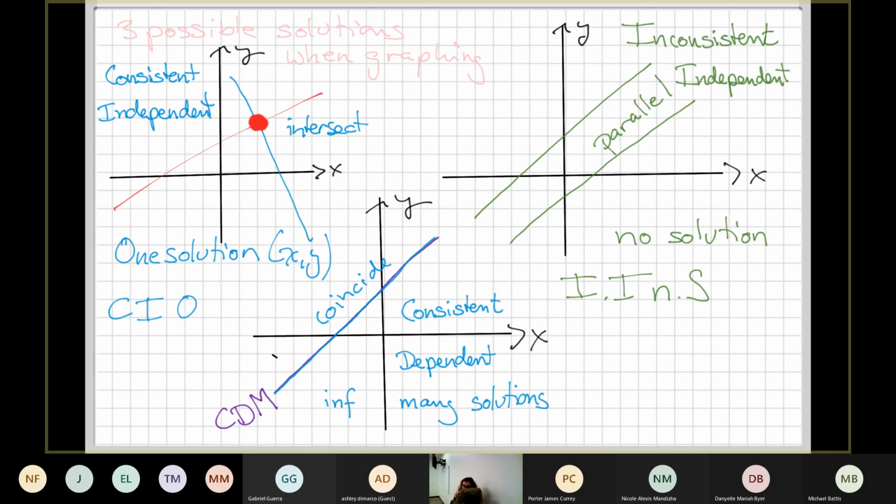Inconsistent, independent systems are parallel. They do not intersect. They have no solution. And then we can do the math is when the lines coincide, and basically they may look different, the both equations, but it's the same line.